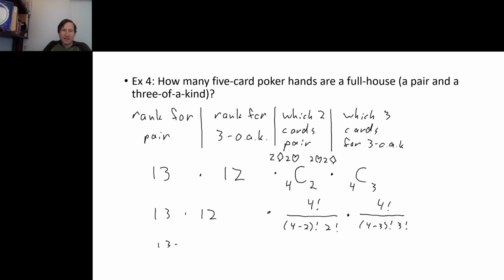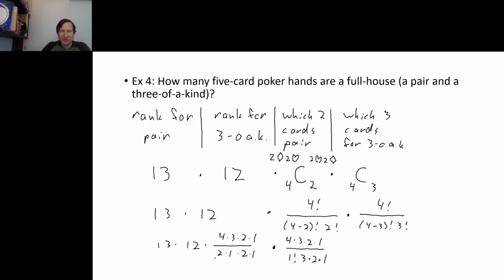So 13 times 12 times 4 times 3 times 2 times 1 over 4 minus 2 is 2, so 2 times 1 times 2 times 1, times, and then for our last quotient, 4 factorial, so 4 times 3 times 2 times 1 over 4 minus 3 is 1 factorial times 3 factorial, which is 3 times 2 times 1.